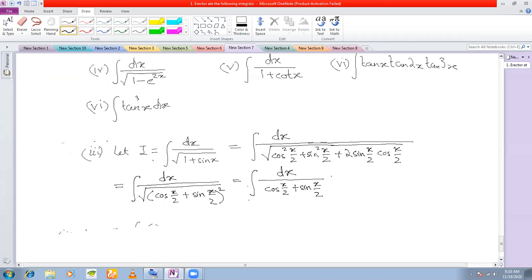Now I think I have shown you how to evaluate this kind of an integral, dx by cos x by 2 plus sine x by 2. How do you evaluate it?